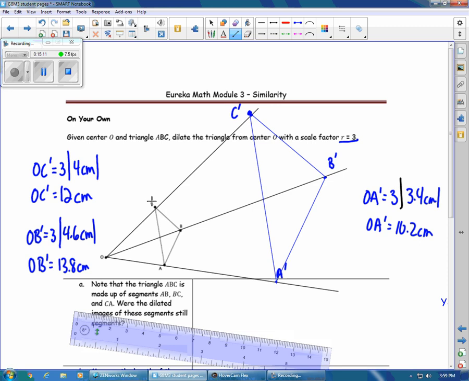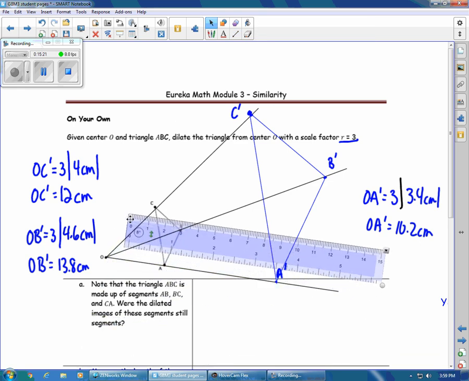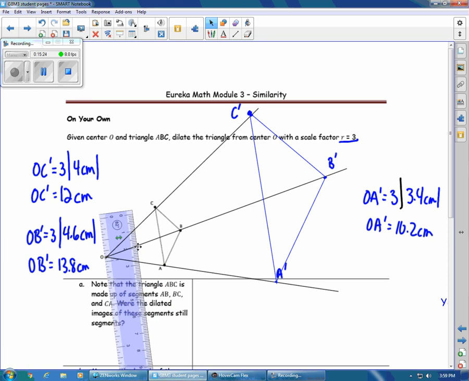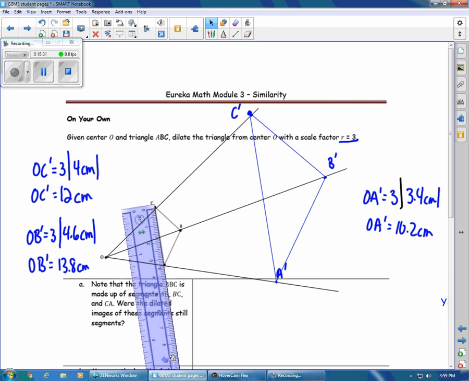Now I should be able to measure CA and C prime A prime, and they should be growing by the same scale factor. I do believe our directions are telling us to do that, so I'm going to grab my ruler and see if I can get a measurement here. See, and I hope that it didn't mess you up in the earlier part of the lesson. I know when I did this on pen and paper, CA was 3 centimeters, and now it's showing me that it's about 3.3 centimeters. So mine is probably off from yours as far as my numbers, but again, the drawing should look about the same.